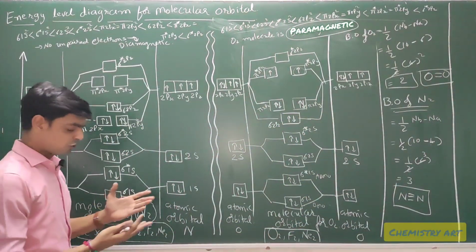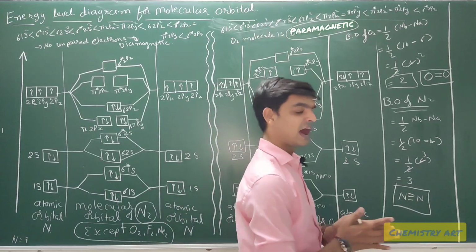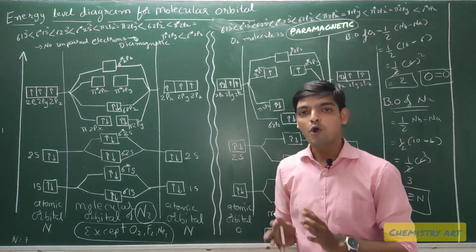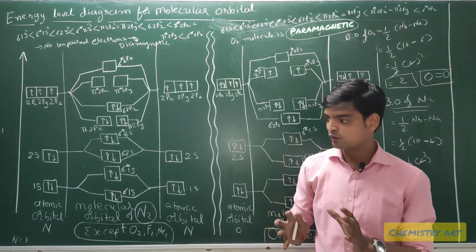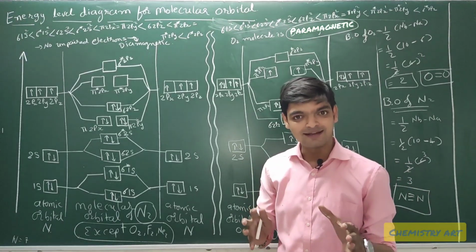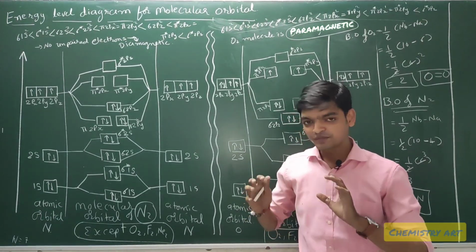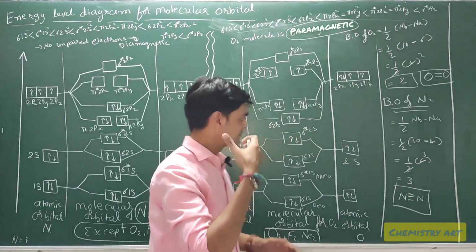So I hope you understood how you can draw the molecular orbitals of any homonuclear diatomic molecule, but you have to remember the order.